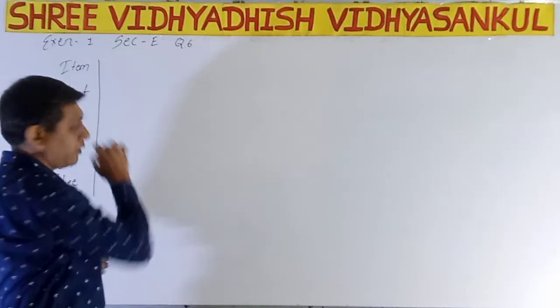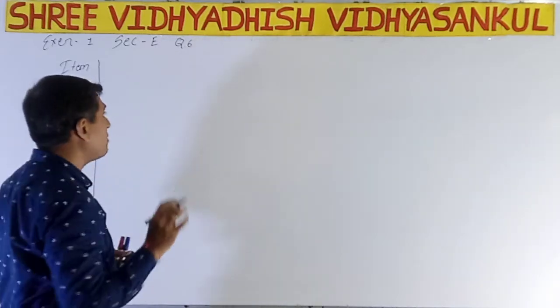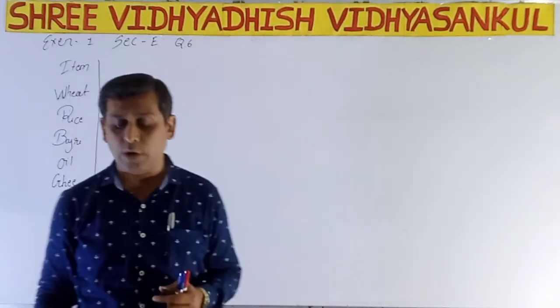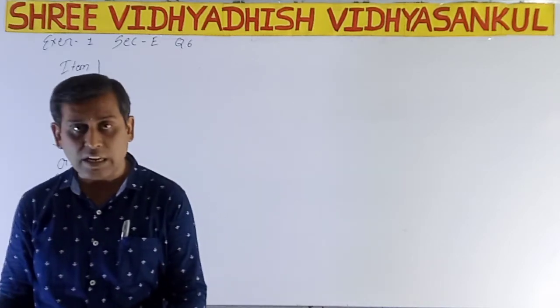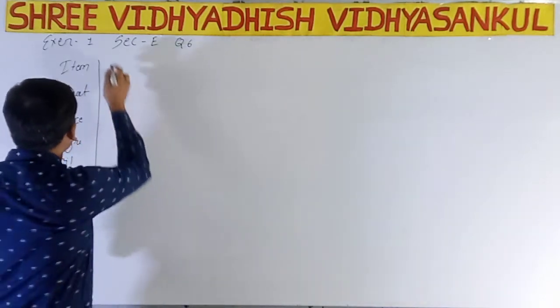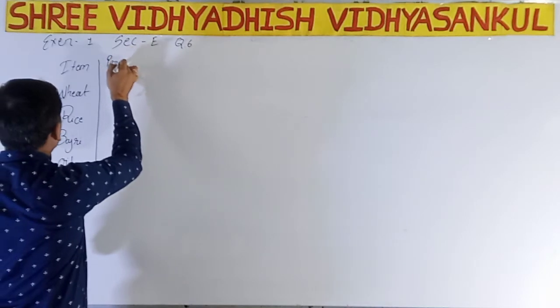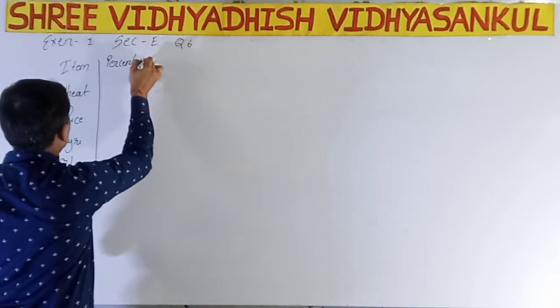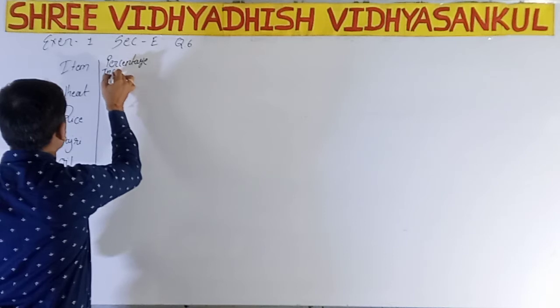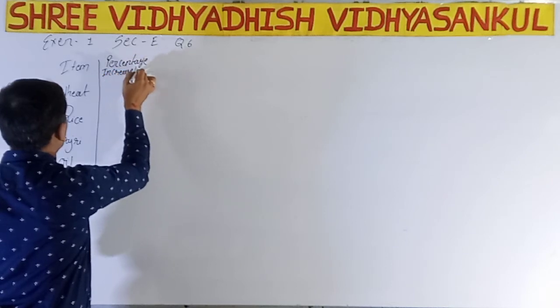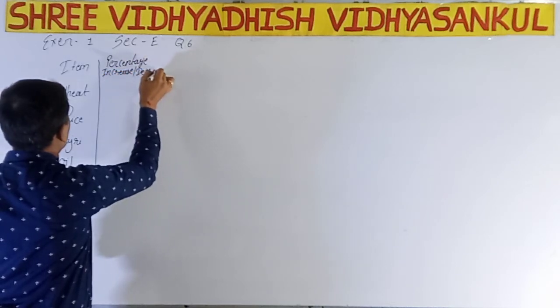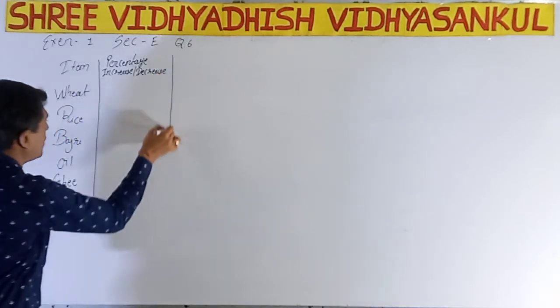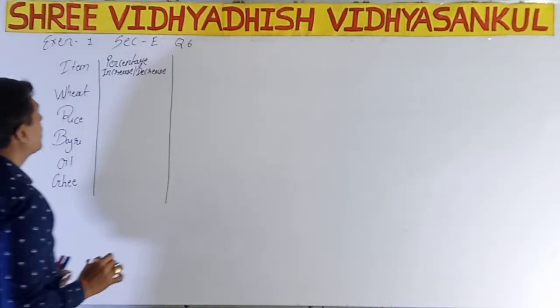Now the next point is index number, but first of all we have to write down the percentage increase or decrease. So the next column is percentage increase, decrease.